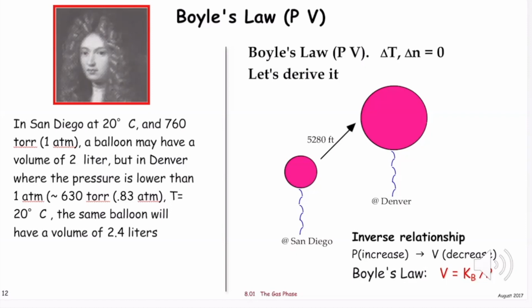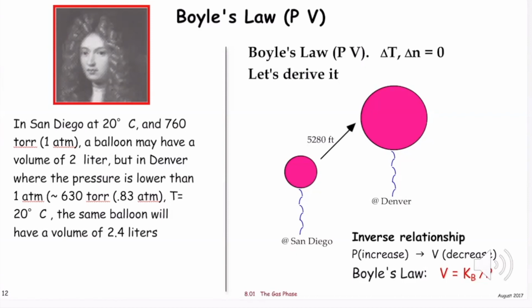Well, when the pressure is reduced, what happens is that the balloon expands, okay? The balloon expands when there's lower pressure. And that's because the pressure inside wants to equal the pressure outside. And the only way it can do that is to occupy more space.